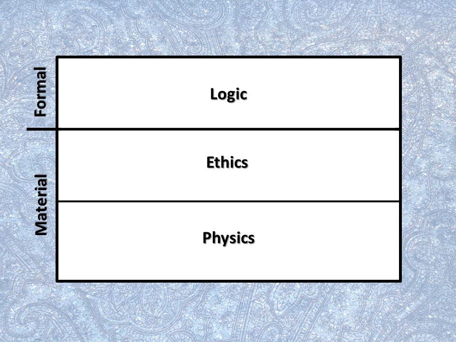Moral concepts need to have content to them. They can't just be formal logical abstractions. Likewise, natural laws have to have specific content to them. They can't just be logical abstractions. So here we've got specific material content, but depending on what kinds of objects you're looking at, they are of two kinds, either ethics or physics.